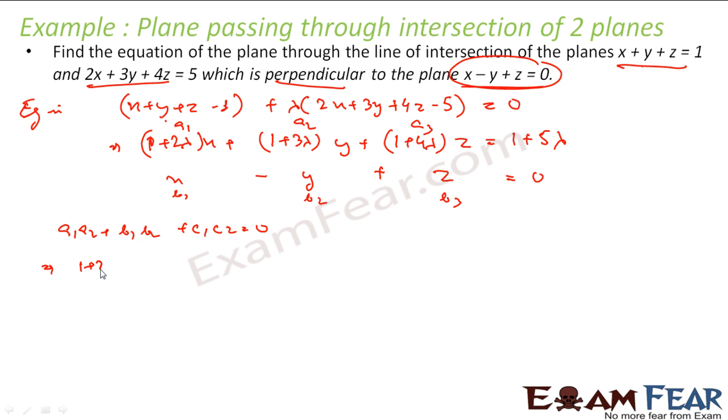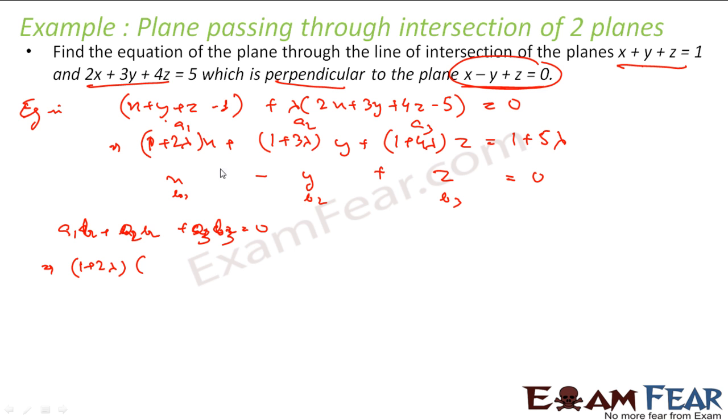a1 b1 plus a2 b2 plus a3 b3 has to be 0. Correct?